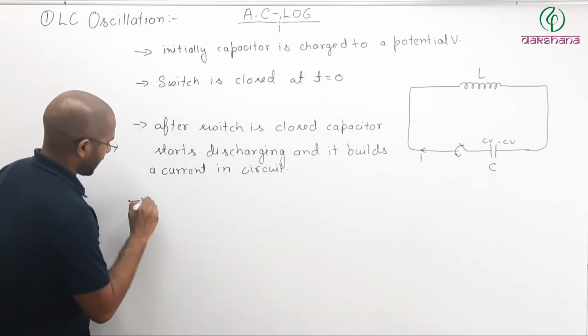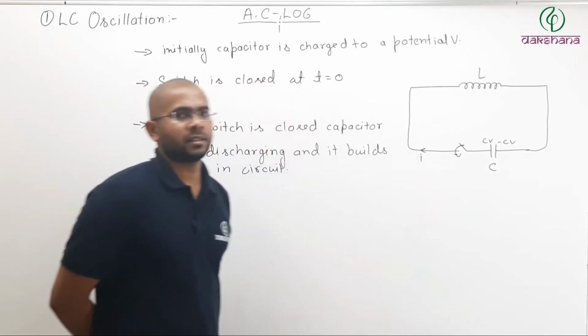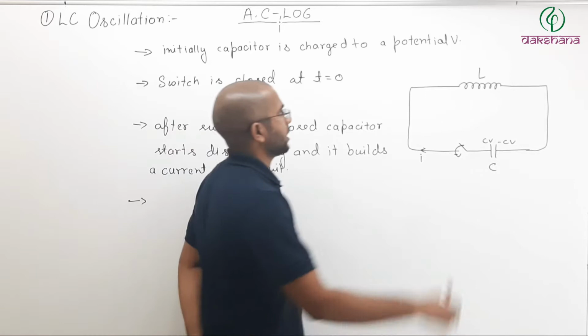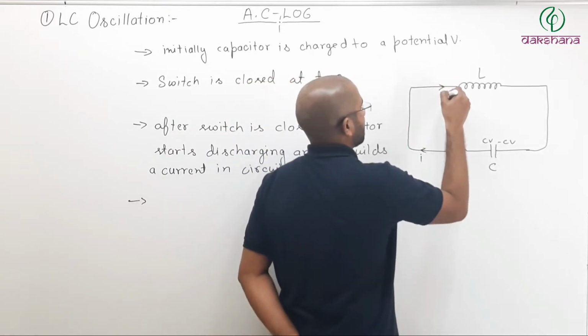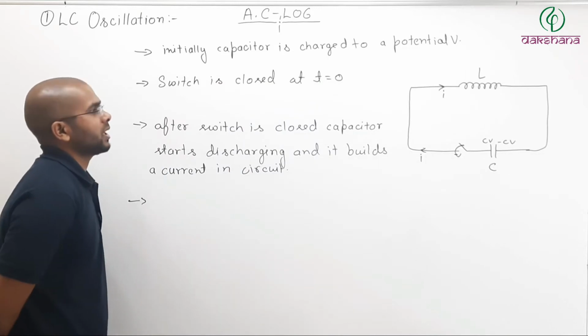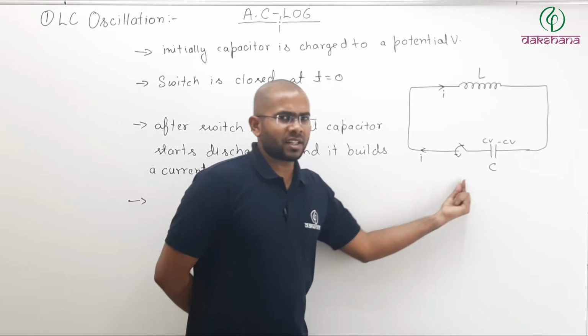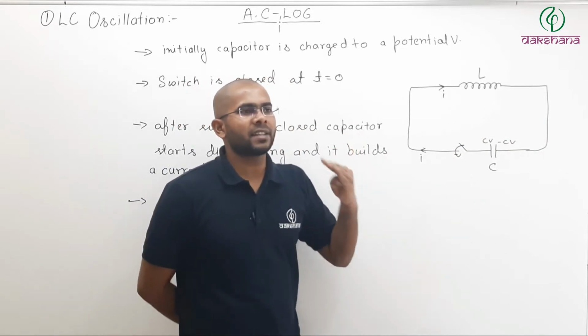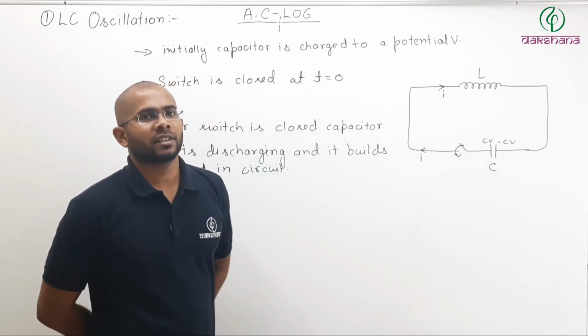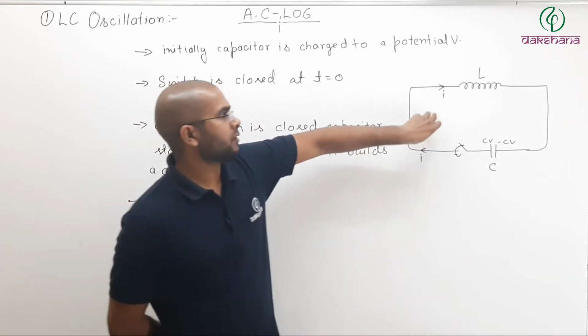Now what is the effect of building current in the circuit? So let us suppose this current I is built up in the circuit. So here there will be I like this. And if you remember, the capacitor is discharging and as the capacitor discharges, the current changes. So because this current is changing, what will happen?